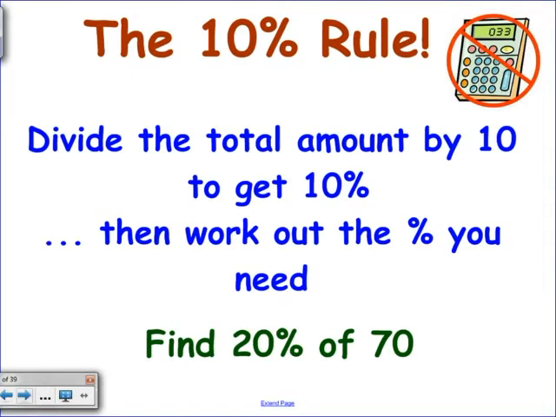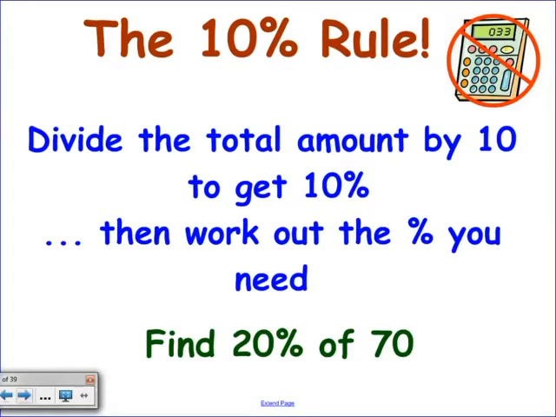In Unit 2, this is a given, right? You will get a percentage question and it will involve the 10% rule, okay? So they will always give you something like 10%, 20%, 15%. All you need to do there is work out what the 10% value is of something by dividing it by 10, and then either half it for 5%, double it for 20%, and so on.